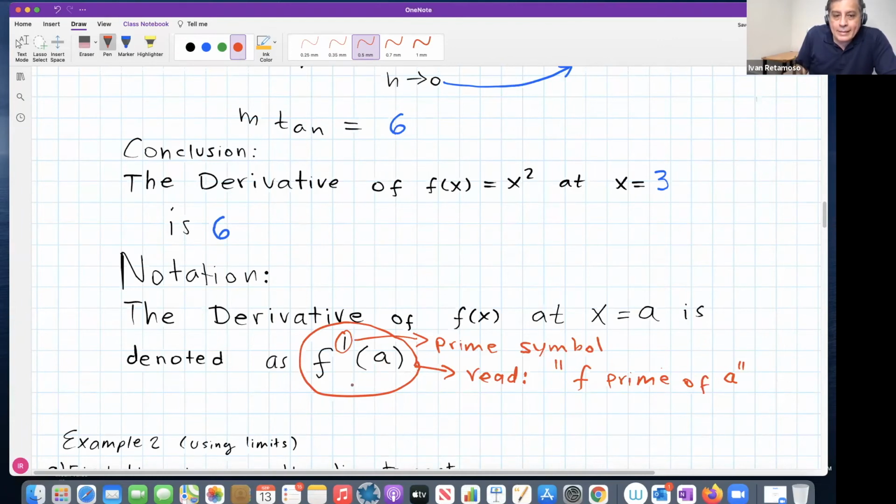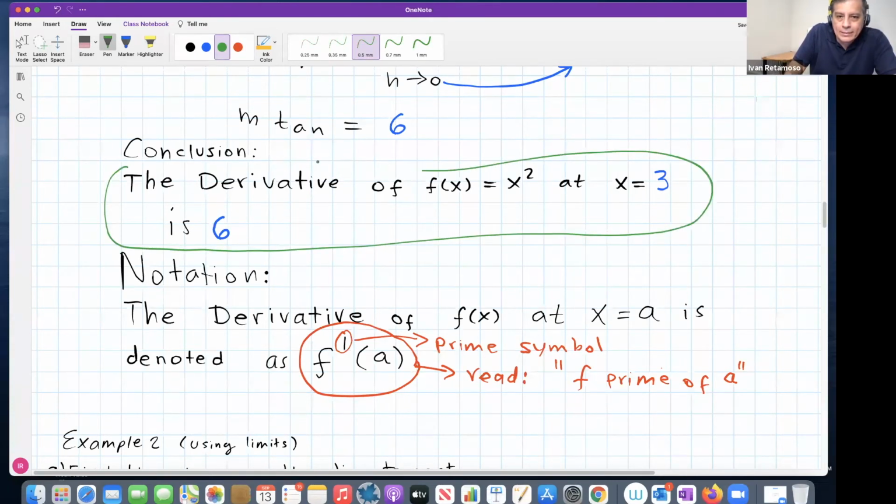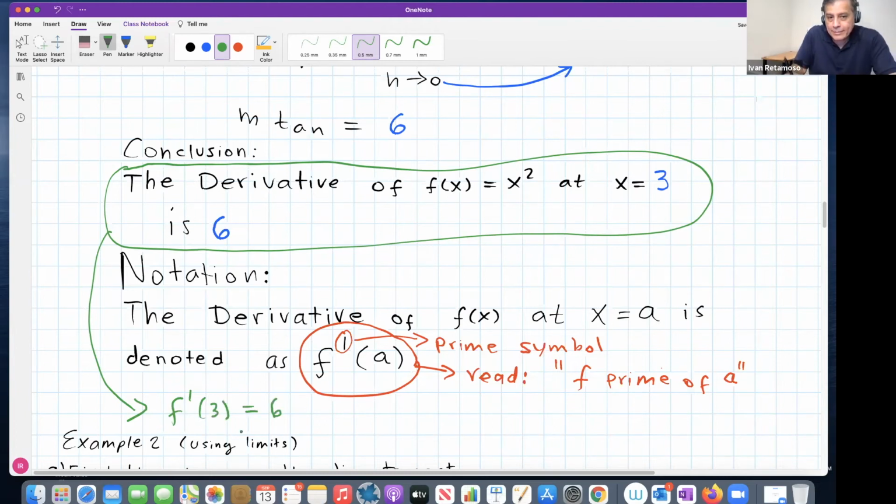So in this case, instead of saying all this in words, the derivative of f of x equal x squared at x equal 3 is 6, I can say, using this notation, the following: f prime 3 equals 6, right? This is what the derivative means.